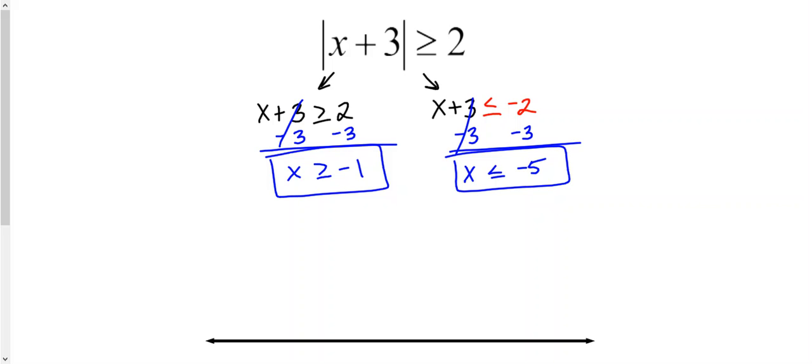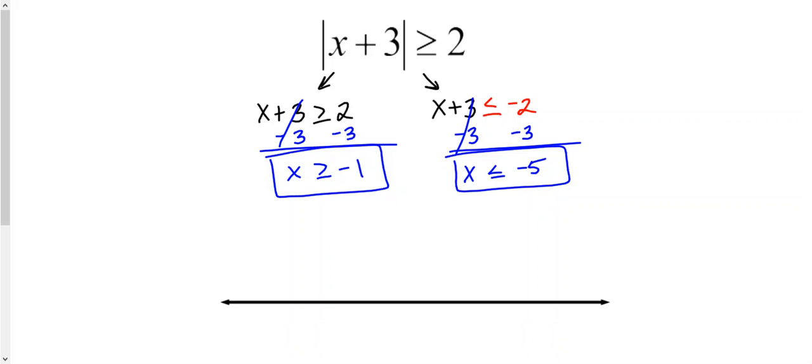All right. So now, I'm just going to move this up. I'm going to set up my number line. Smaller number goes to the left. So between -1 and -5, -5 is your smaller number. So that's going to the left. -1 is going to go to the right.